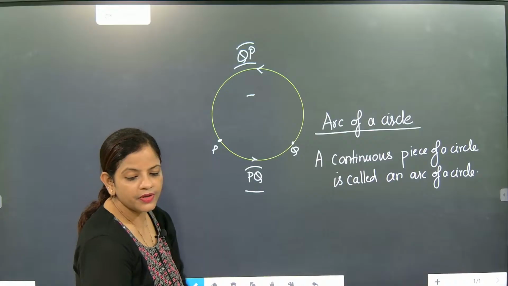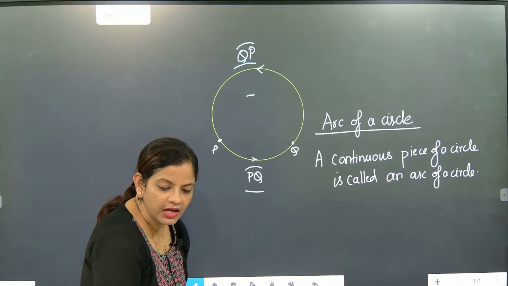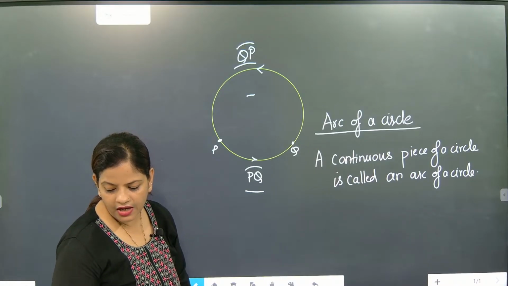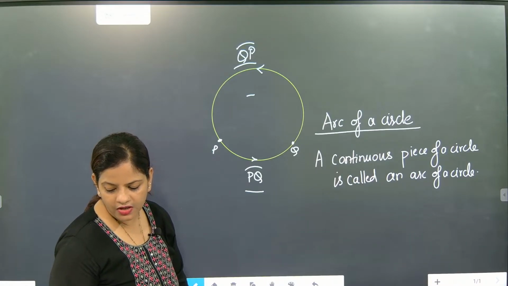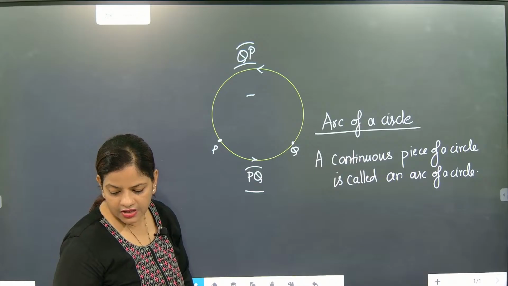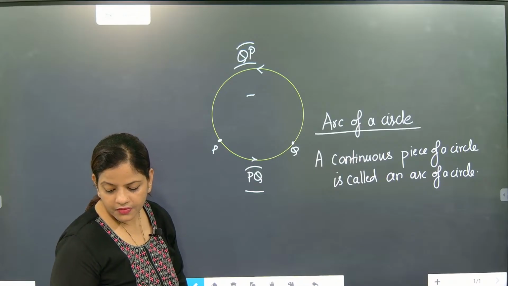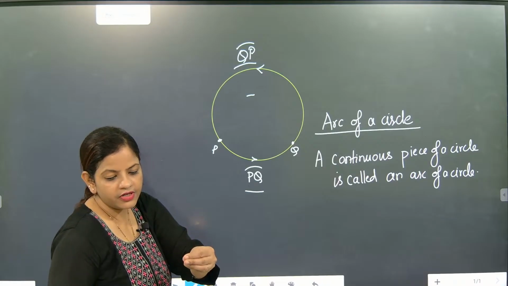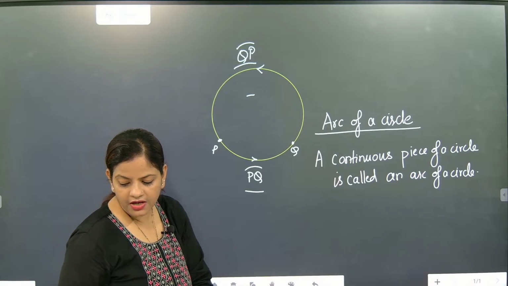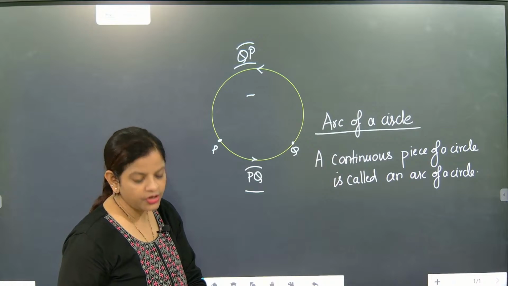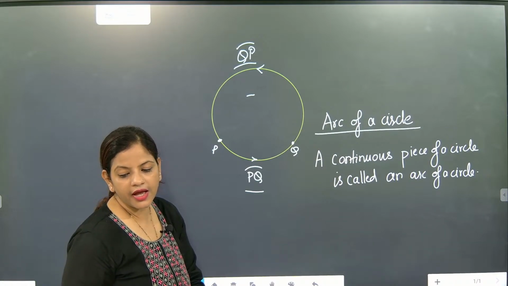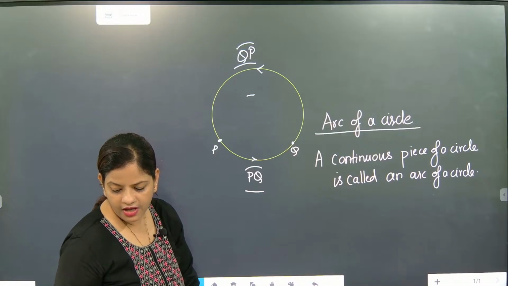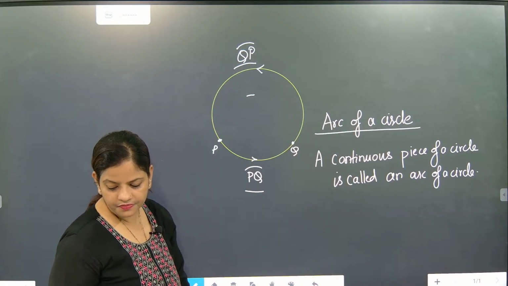So two arcs of a circle will be there, minor arc and major arc.